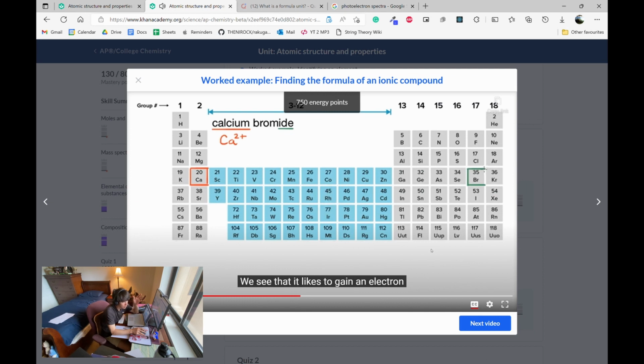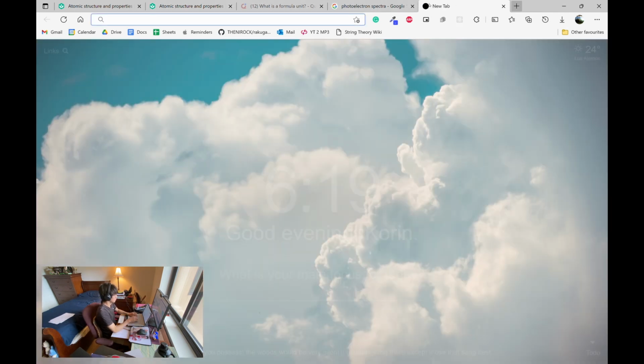What? A halide? Okay, so I'm supposed to just know that halides gain an electron?